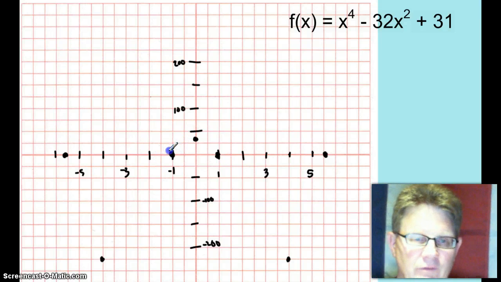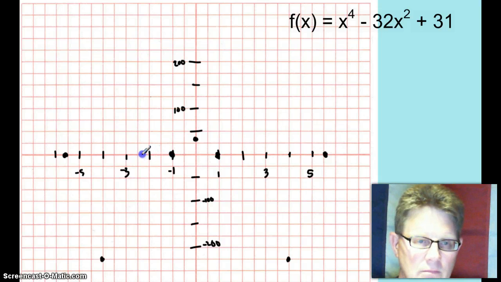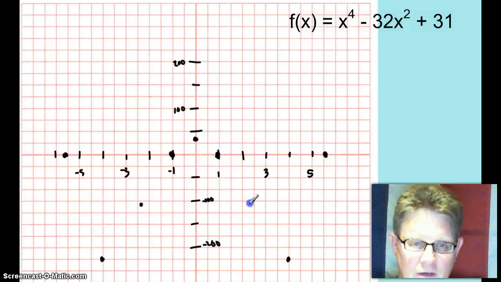Okay, we have a point of inflection at negative 2.3. Okay, this is 2.5, 2.3, negative 110, a little bit less than, right about there. And at 2.3, right about there, negative 110, right about there.